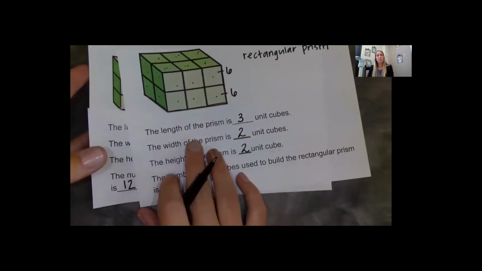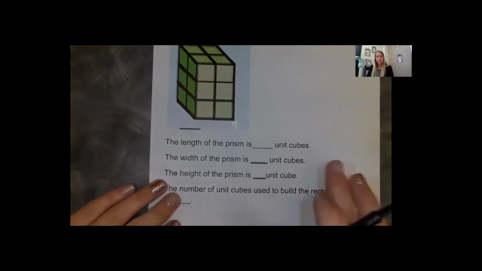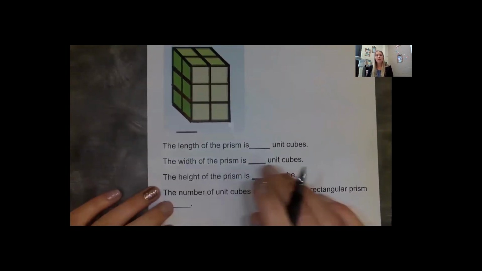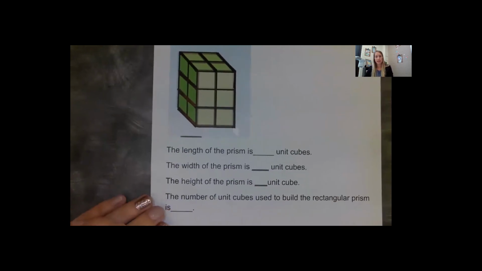Here's a similar problem to work along with me. First, let's count and see how many cubes would be needed to recreate or build this rectangular prism. Remember, some of the cubes are hidden from our view. Which cubes can we see? Interesting, you're right.